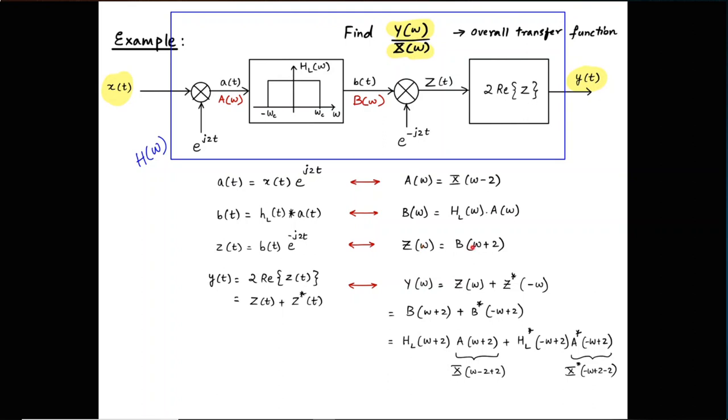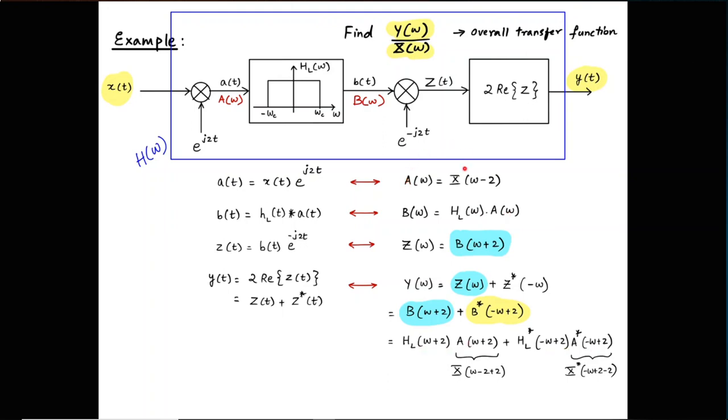Now we go one more step back. I can write B of omega in terms of H_L of omega and A of omega. That's what I'm doing here as well as over here. Then the last step is to write A of omega in terms of X. A of omega plus 2 is written as X of omega minus 2 plus 2 there, and even for this step.